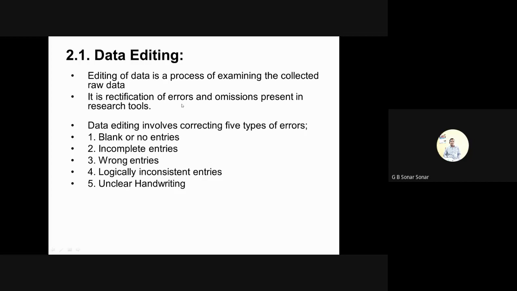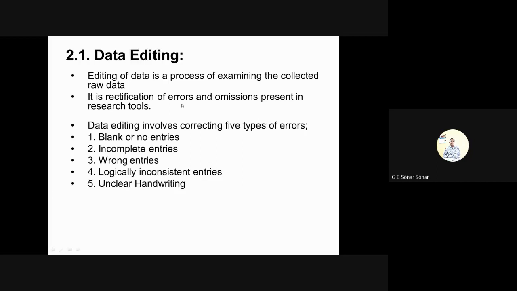In the interview schedule we make use of, the researcher has to record the answers, the responses given by the respondent in the process of the interview. So for some of the investigators, the handwriting will not be clear. They just write like a prescription of the doctor.